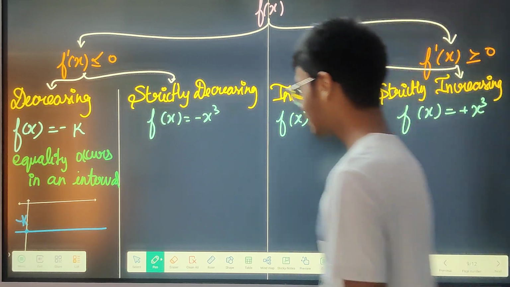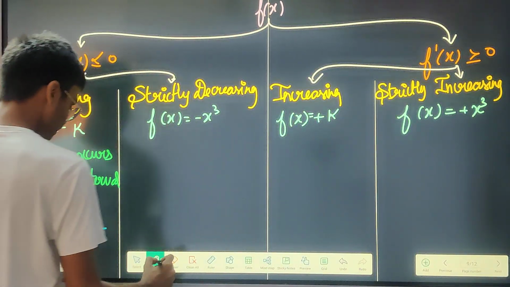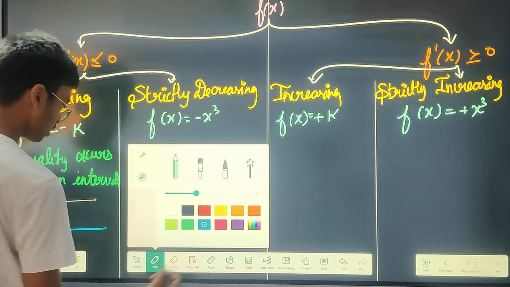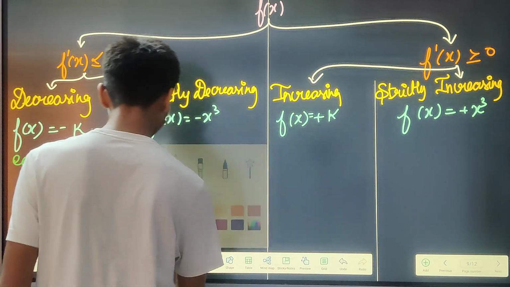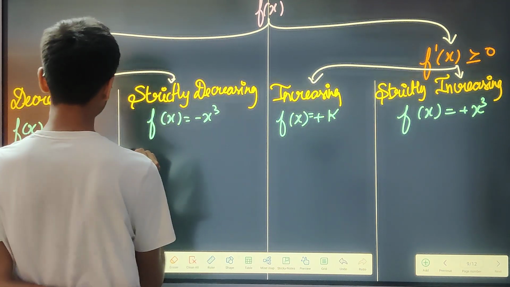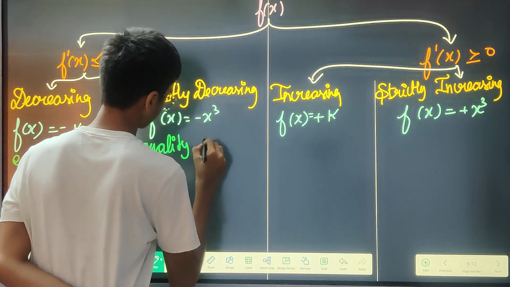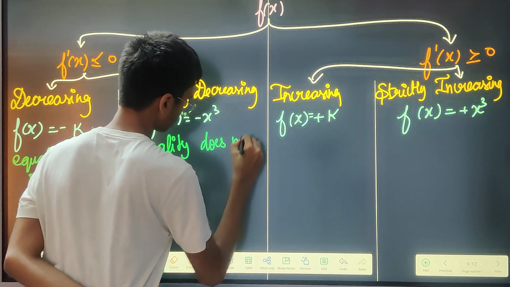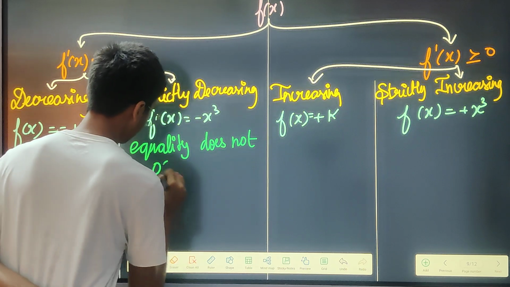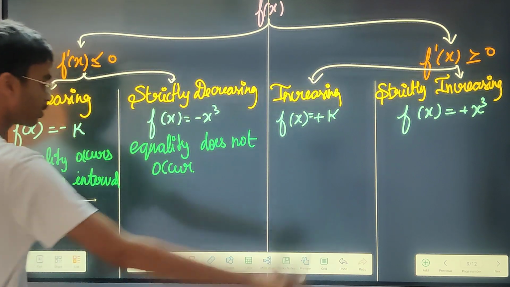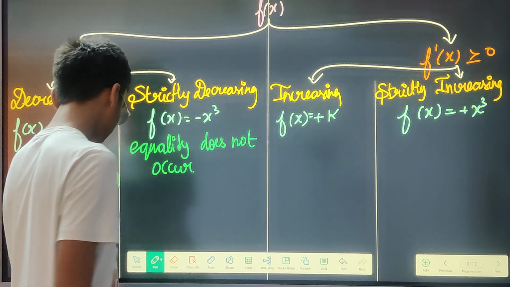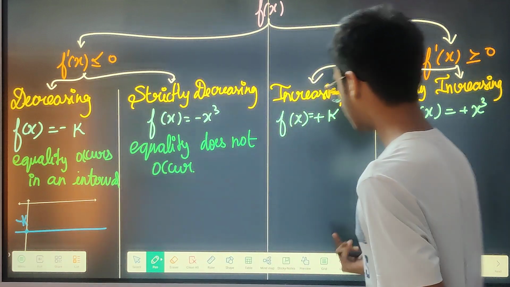Whereas for strictly decreasing, equality does not even occur. Where can you see equality? No place you can see the equality, isn't it? Then what about here?